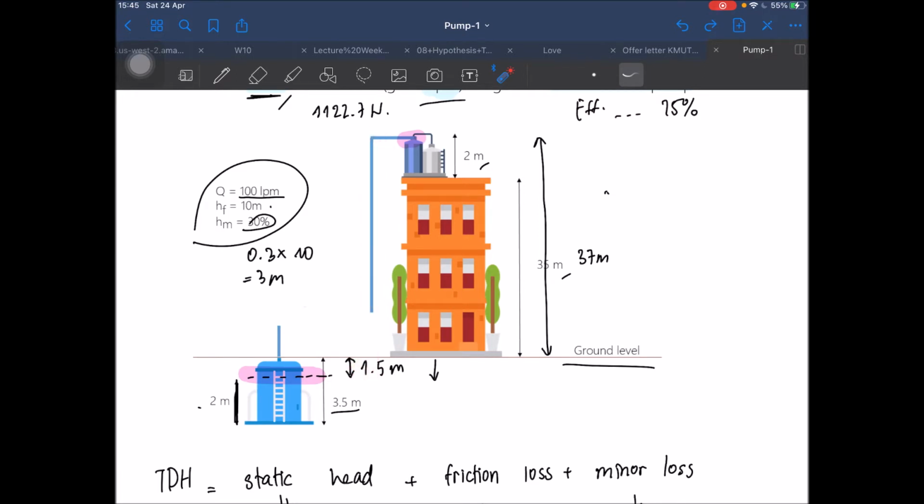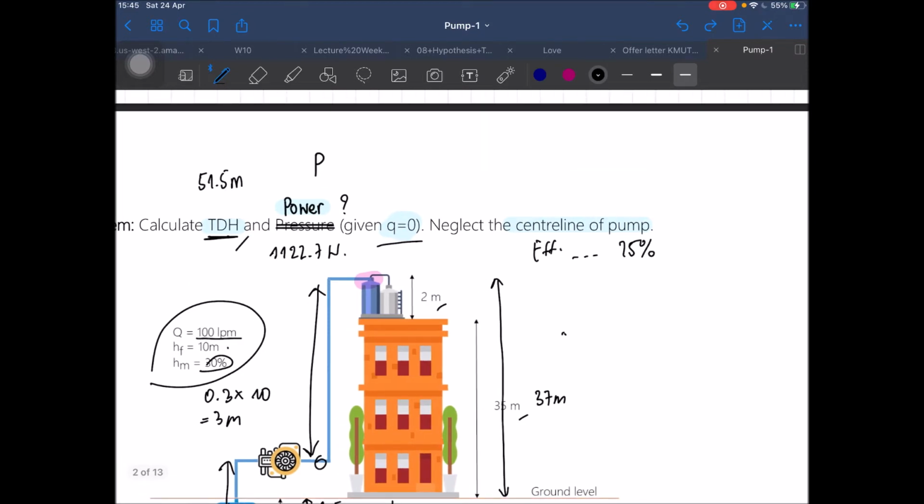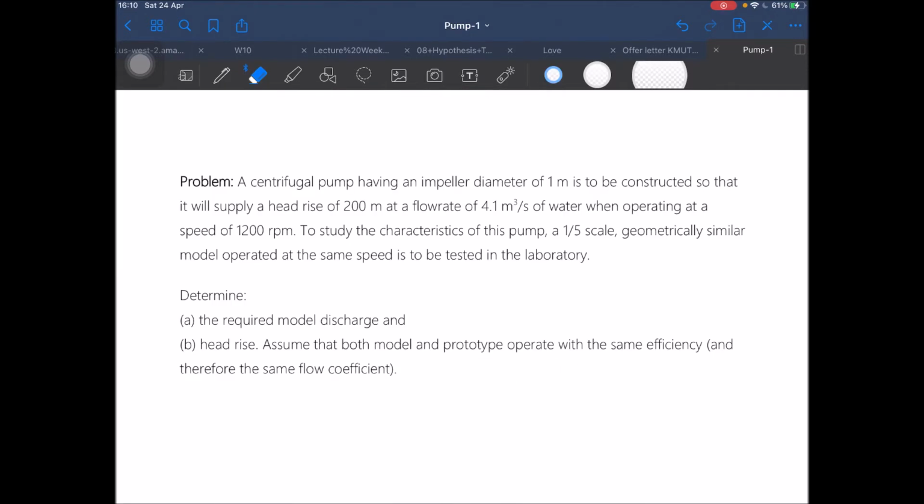So for example, if we don't have this one, we can say this is the HD here, and this is the HS. So it won't be just 1.5. It must be something else here. So there might be some differences. So in this case, we neglect the center line of the pump.